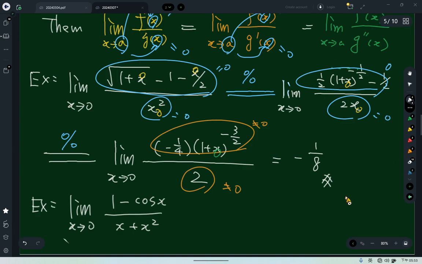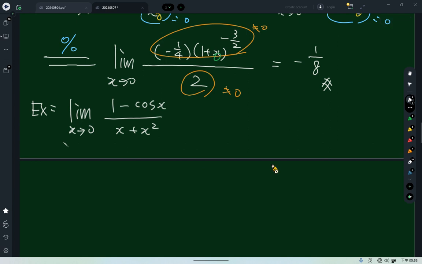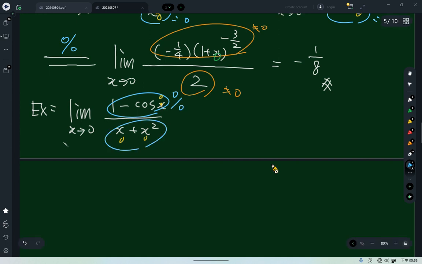But here, if you use 0 to replace x, eventually you get 0 over 0. But you cannot factorize this one, not to mention cancel terms.